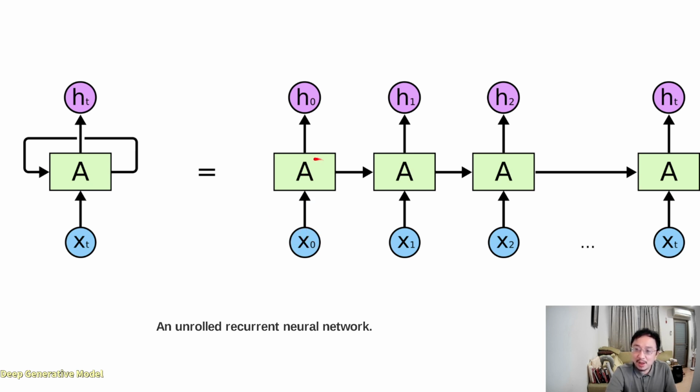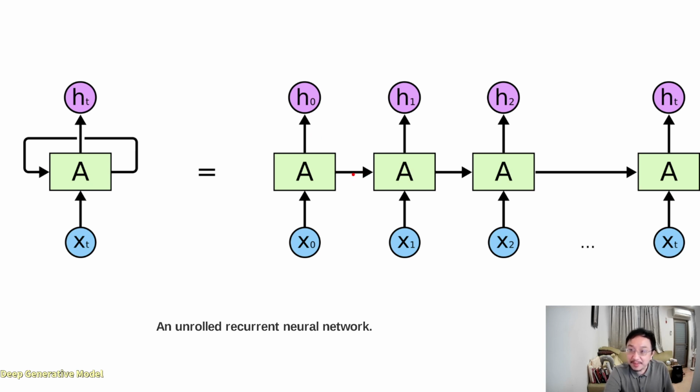Because this is a black box, or a neural network, it takes two inputs. Then after some computation, we have two outputs. One is the usual output that you can explicitly see, the final output, or an output that you can use for later computation.